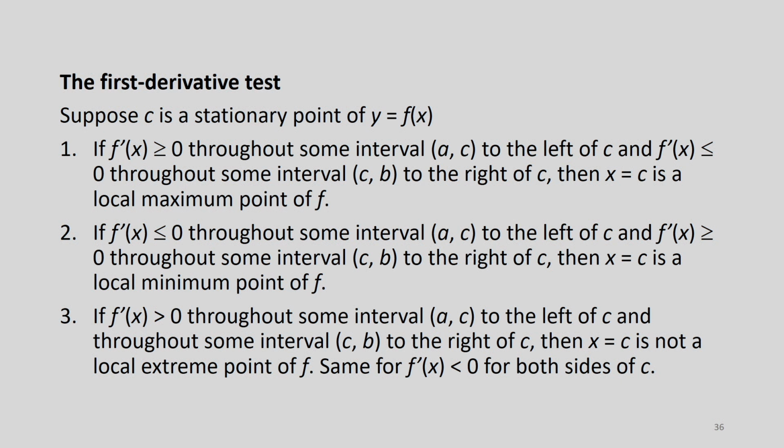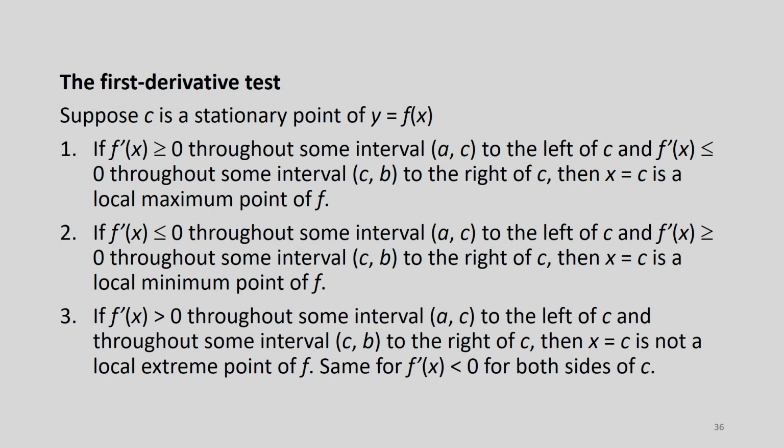So, what we are saying is that suppose c is a stationary point of this function y is equal to f(x), then if f dash of x is greater than or equal to 0 throughout some interval (a, c) to the left of c, and f dash of x is less than or equal to 0 throughout some interval (c, b) to the right of c, then x is equal to c is a local maximum point of f.